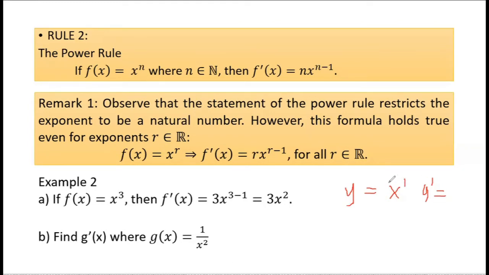So, ibababa natin yung 1. Then, bawasan natin ng 1 uli. So, 1 minus 1 is 0. So, x to the 0. Diba? So, ang 1, x to the 0, x to the 0 is 1. So, 1 times 1, 1. Okay? So, ang derivative ng y equals x is 1.